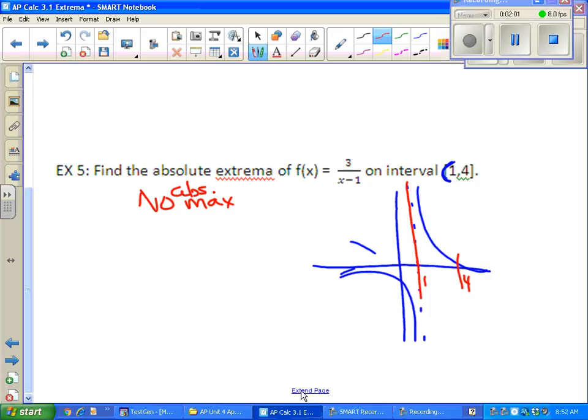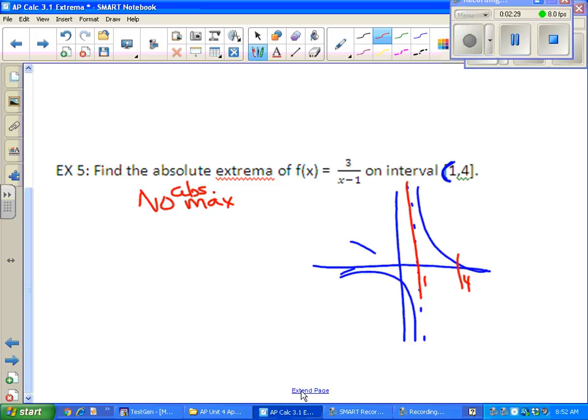Does everybody understand? Because even though I'm starting at 1, 1 is my asymptote, and even if you say, well, let's go barely to the other side of 1, is that 1.0001 or 1.00001? It would be really hard to put a value on it because it could be almost infinitesimally large. Everybody understand that? Okay, so no absolute max.